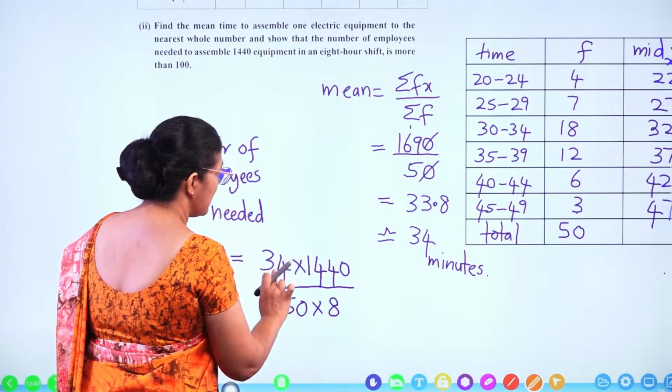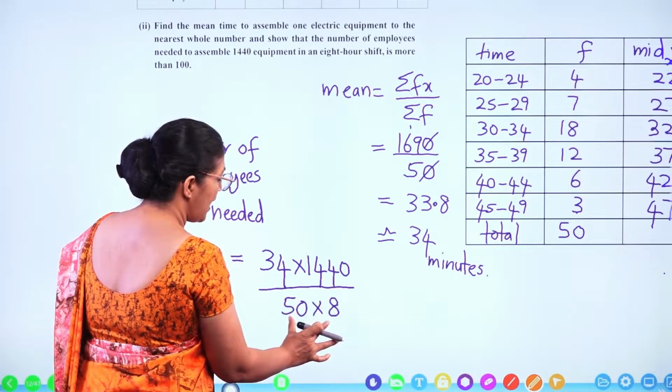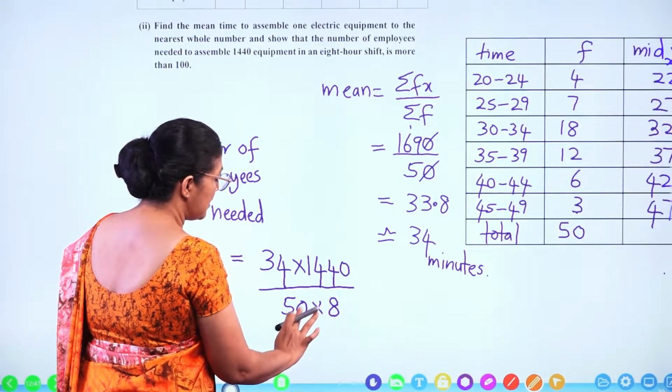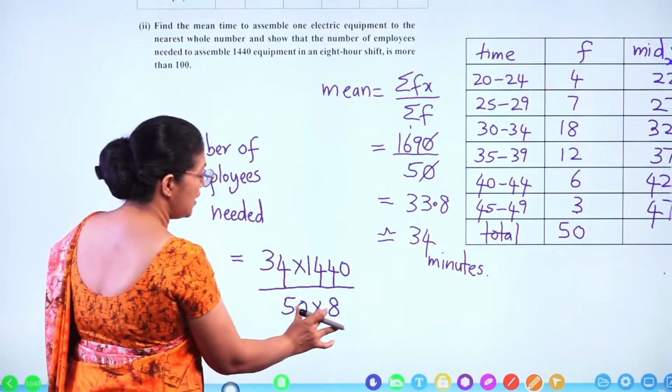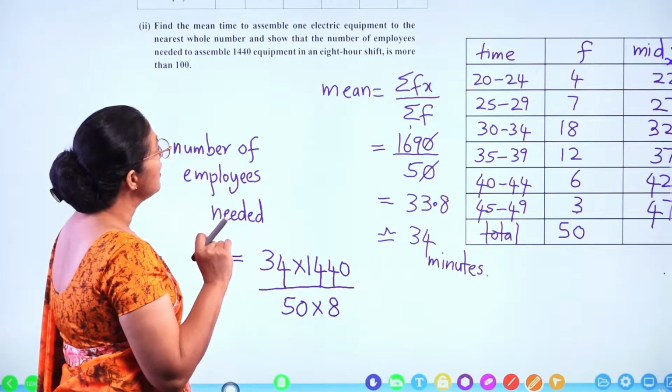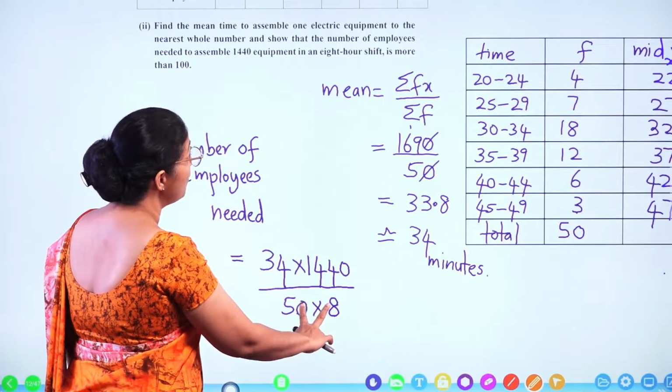So this is the total number of man minutes, and here if it's 50 with an 8-hour shift, this is again man hours.